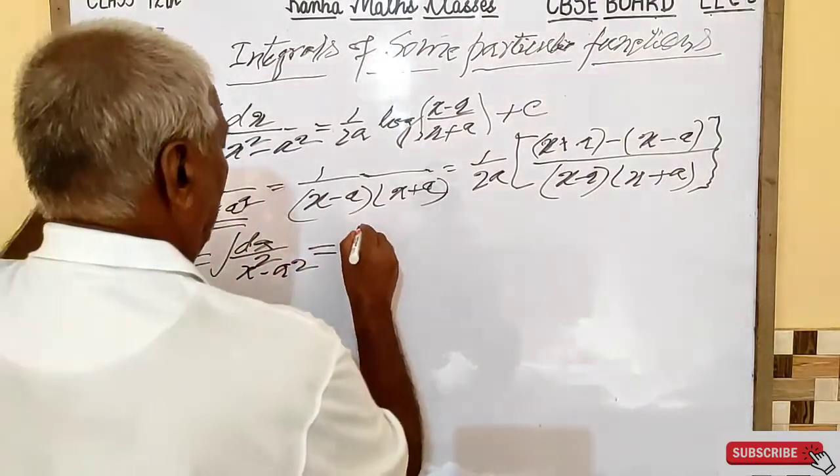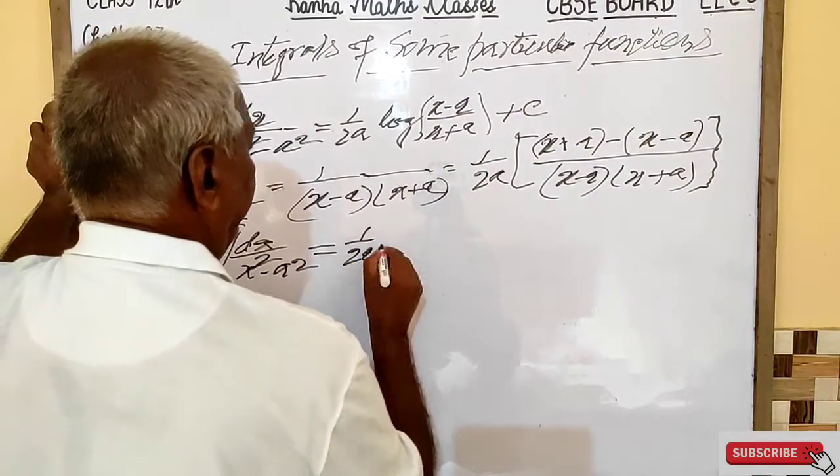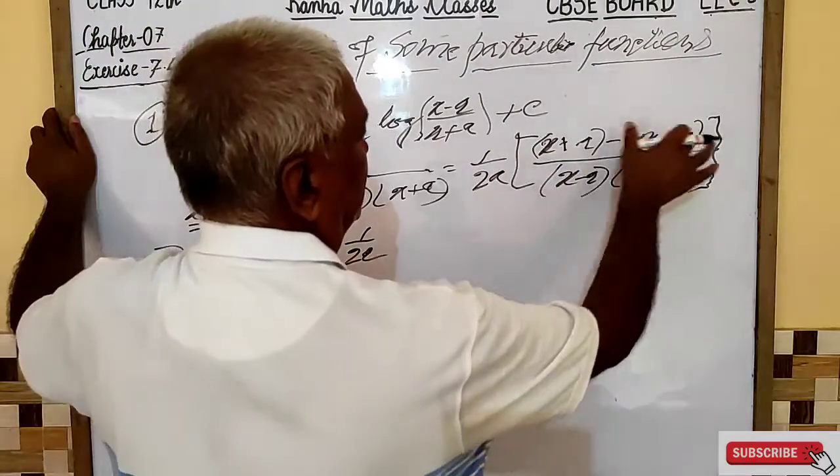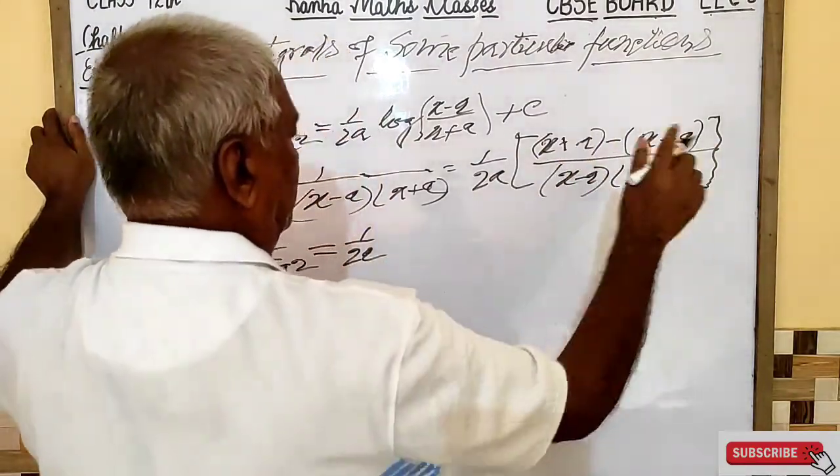Hence, if you use the integral dx upon x square minus a square, this will become 1 upon 2a, and we will bifurcate this into two integrals separately.